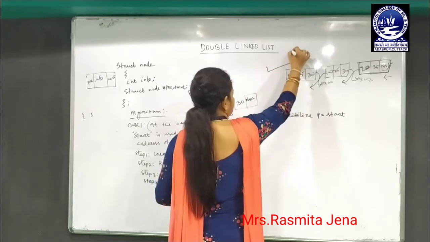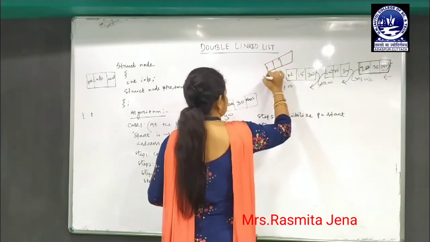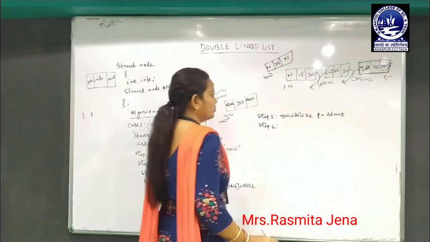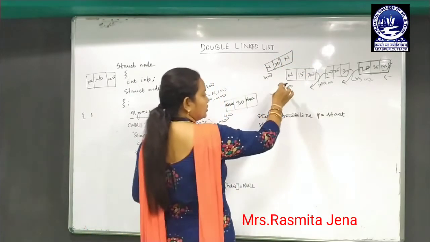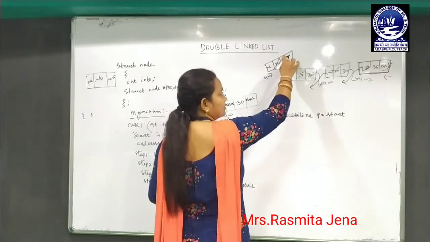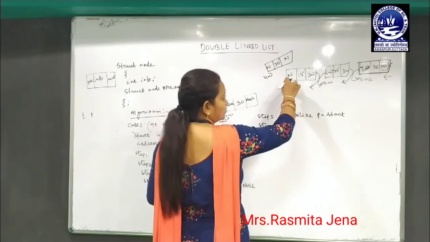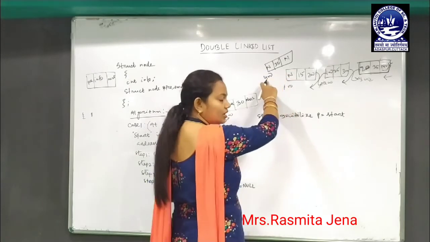Then comes step 6. So in this location we will insert. Suppose this is created at 400 location with 30, and initially it contains null. Next we will store the address of the 100 location node in this node, and at the pre part of the 100 location node we store the address of the new node.